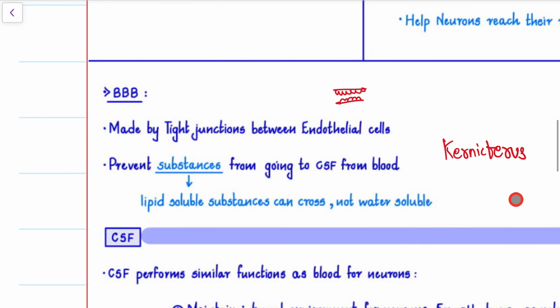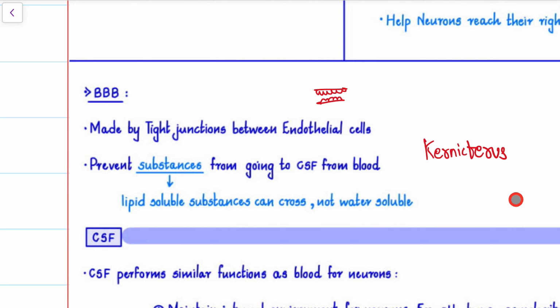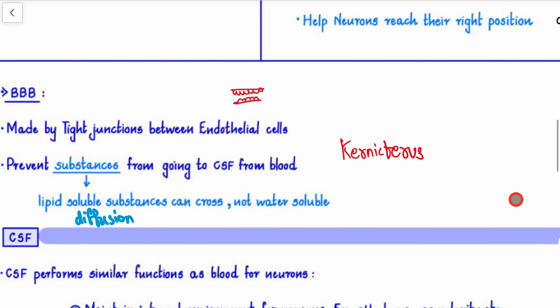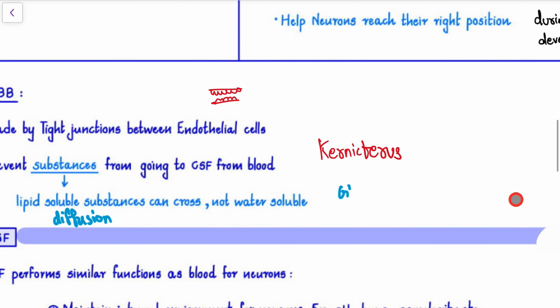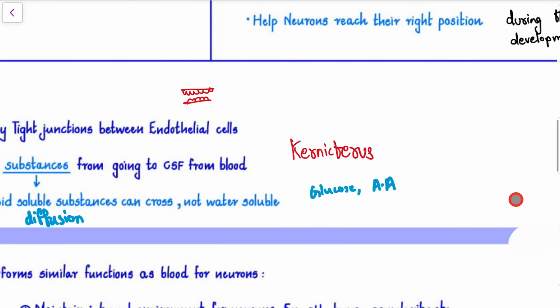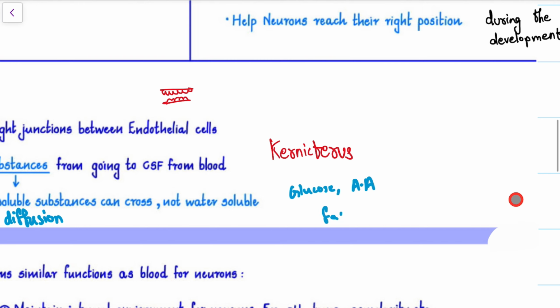These lipid-soluble substances cross via diffusion. Okay. And then glucose and amino acids go via a facilitated transport mechanism.